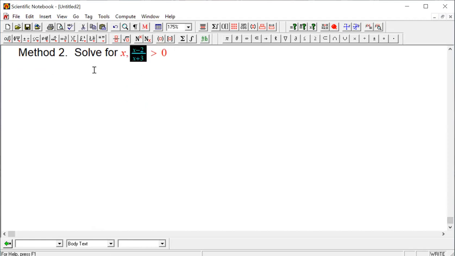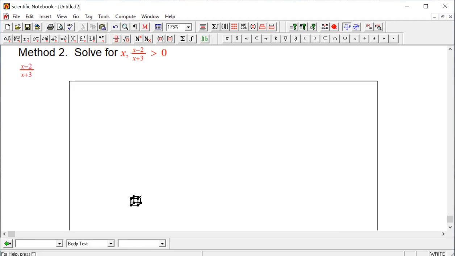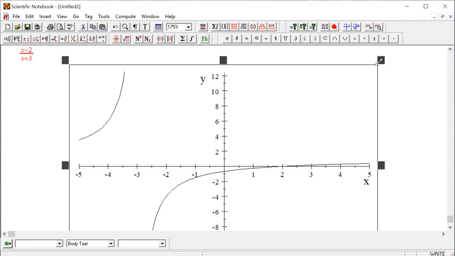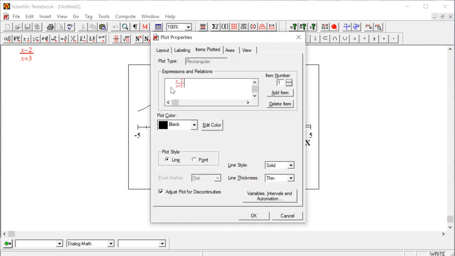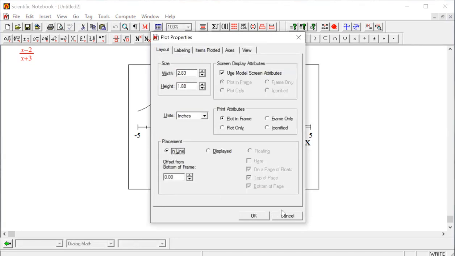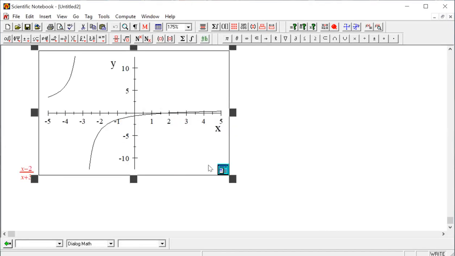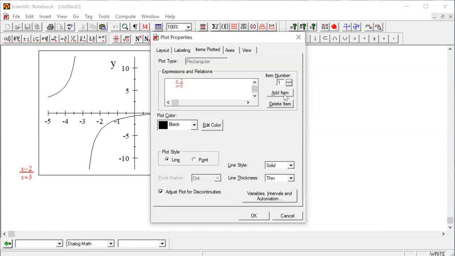You can graph this function, if you know how to identify the vertical asymptote. Because negative 3 is not in the domain, we know that there's a vertical asymptote.